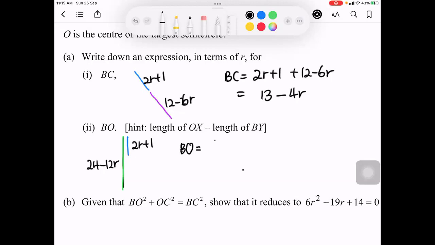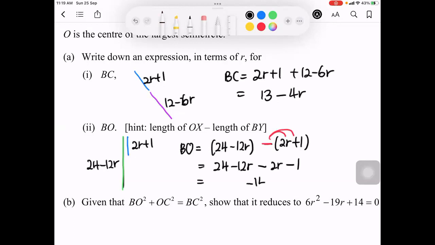I take the big one, 24 minus 12R, minus away the small one, which is 2R plus 1. Take note of negative sign. 24 minus 12R minus 2R minus 1. Then we simplify this. I get negative 14R, 24 minus 1, 23.